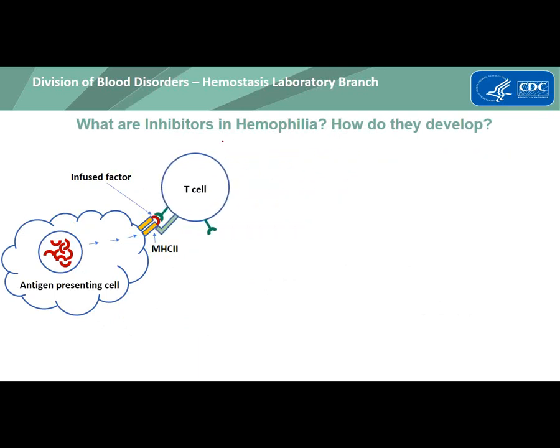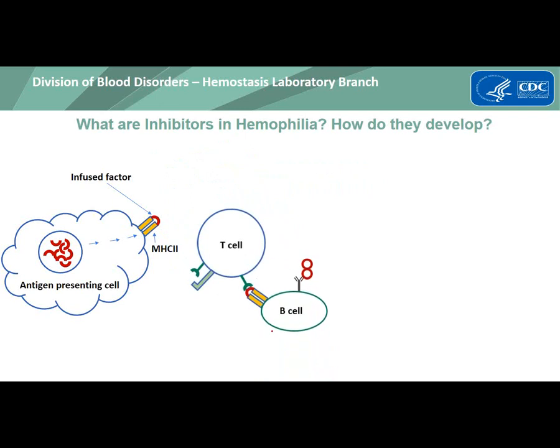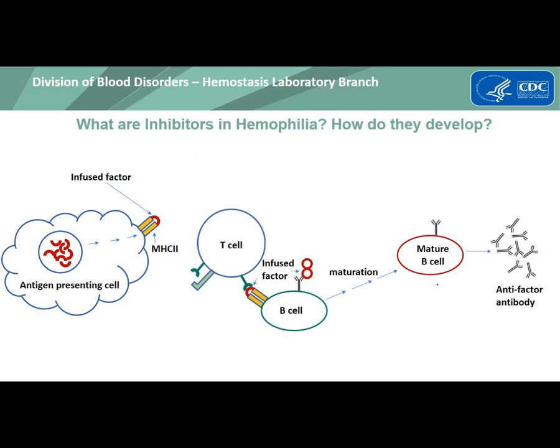Then this cell can encounter a naive T cell, and through a series of signaling events activate the T cell such that it's primed for interaction with a B cell that's been exposed to the same infused factor. And again, a series of signaling events can lead to T cell induced B cell maturation, a mature B cell with lasting memory, and the ability to make anti-factor antibodies.